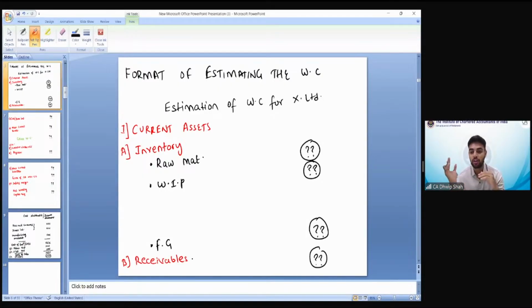It is over and above the cost, and the bank will never fund you for profit. So in this chapter, our receivables, our debtors, will be calculated on cost of sales. So number one, depreciation, that means non-cash expenses, has to be ignored while estimating the working capital. And second, receivables have to be valued on cost of sales and not on sales. Understood? Any doubt still here?